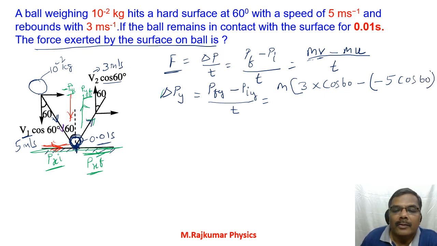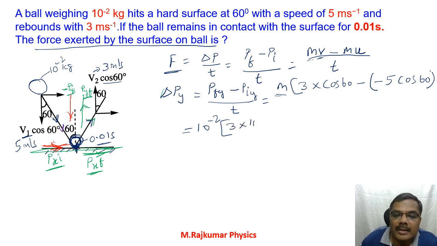So mass is also given here. Mass is 10 power minus 2 kg. Mass into change in velocity. The change in velocity is 3 into cos 60, which is 1 by 2, minus into minus will be plus, 5 into cos 60, again 1 by 2.